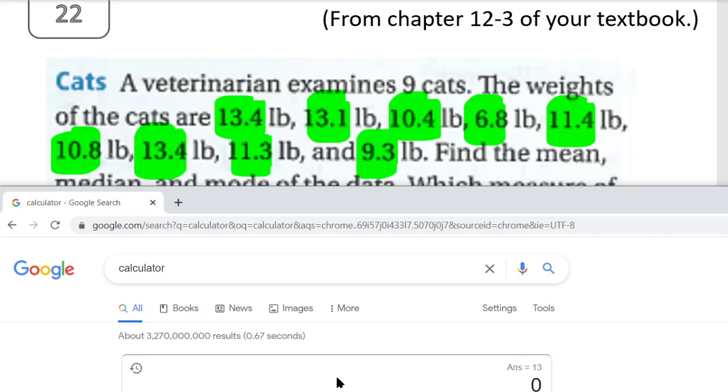So we got 13.4 plus 13.1 and 10.7, 6.8, 11.4, 10.8, 13.4, 11.3, and then the last one of 9.3.